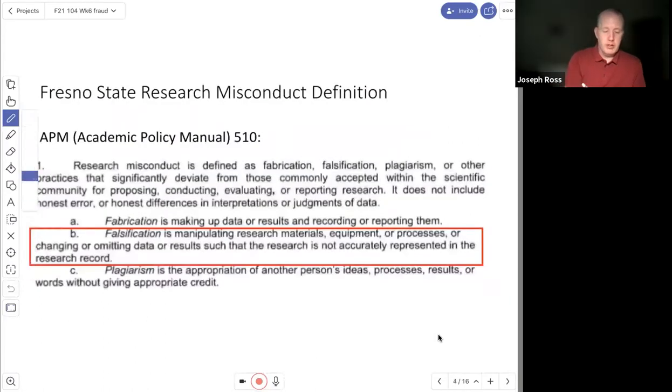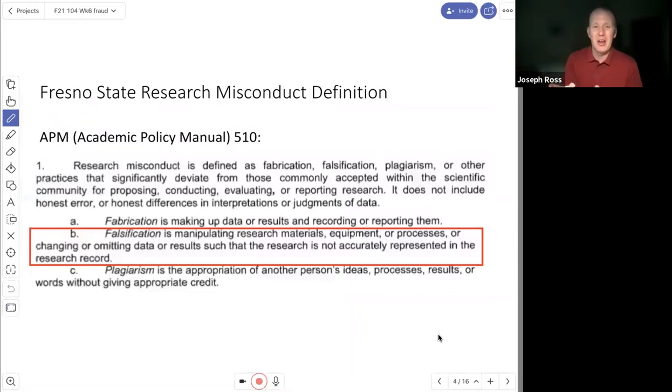Here, for your use, is another academic policy manual from Fresno State, APM 510. I'm going to focus on that box there. This is our campus definition of research misconduct, and I'm going to place emphasis on one particular part of falsification. Fabrication, I already said, part A, is making up data. Of course, you cannot do that.